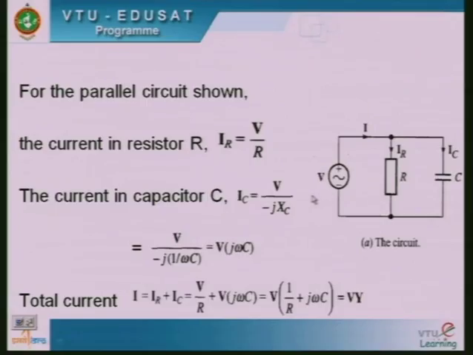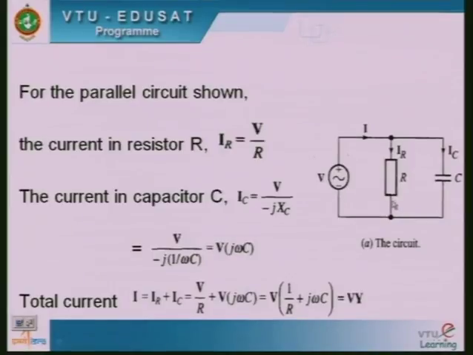Otherwise, we can say an impure capacitor can be represented by a parallel combination of R and C, where R is the resistance of the capacitor and C is the capacitance. So, this is the parallel combination. Now, in this case, V is the RMS value of the source voltage.